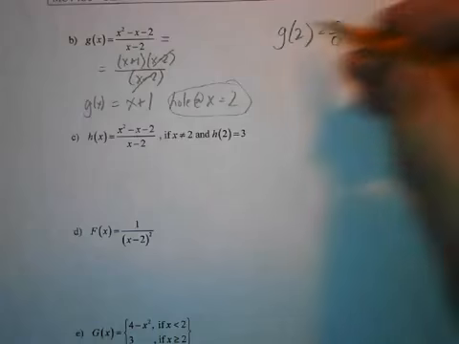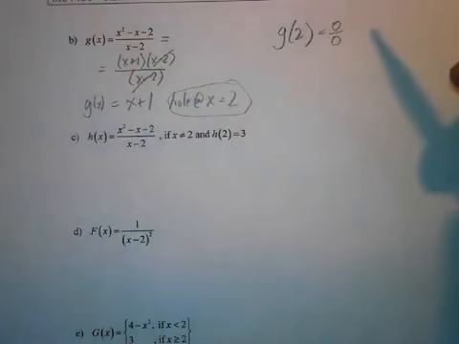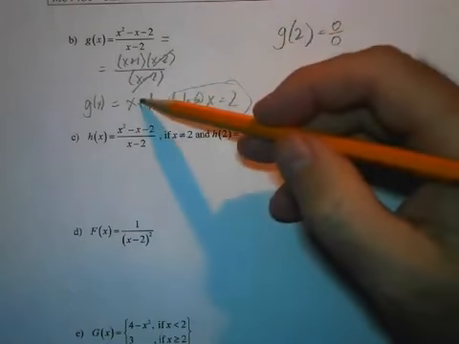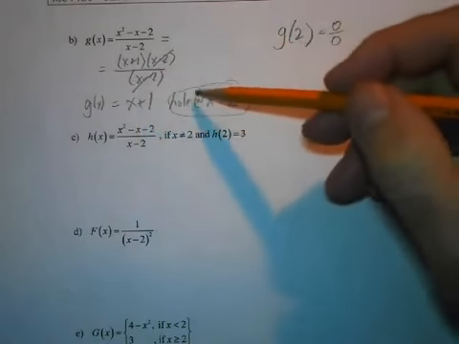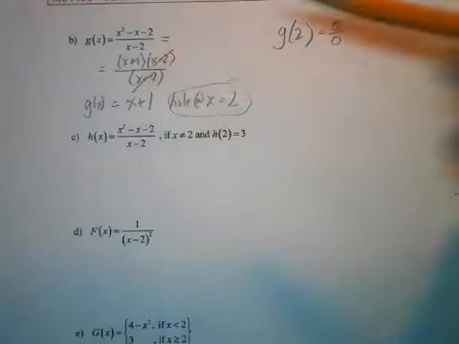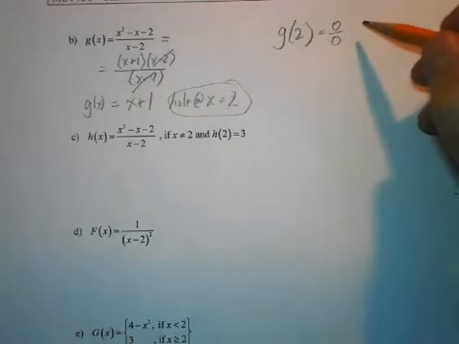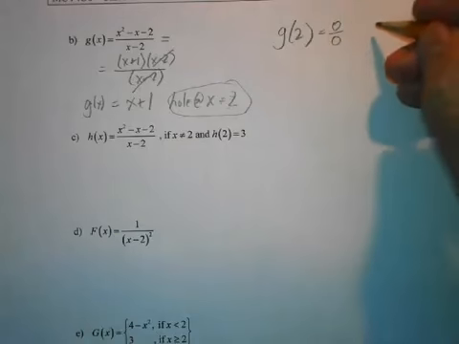So it's not defined. You can't just plug it into x plus 1 and get 1, because the fact that you cancel those factors means there's a hole there. That gets lost. Okay, so this is not defined.